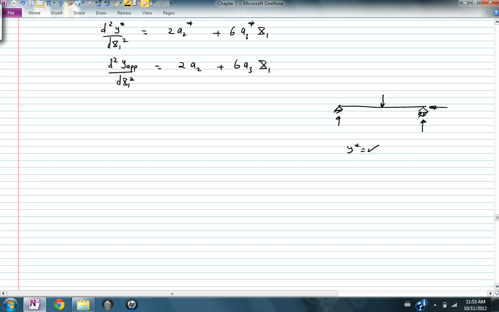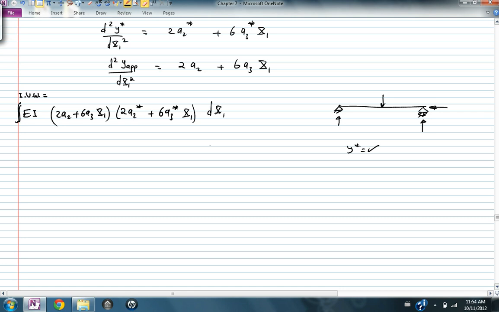So the internal virtual work is equal to EI times the second derivative of y with respect to x1, so 2 A2 plus 6 A3 x1, multiplied by the second derivative of y star, so multiplied by 2 A2 star plus 6 A3 star x1, and this is all integrated over the length. So the internal virtual work is equal to this.